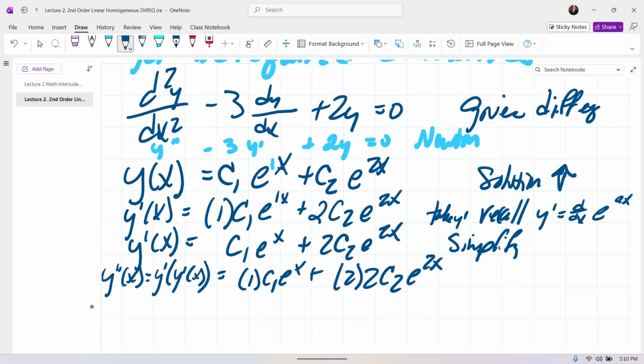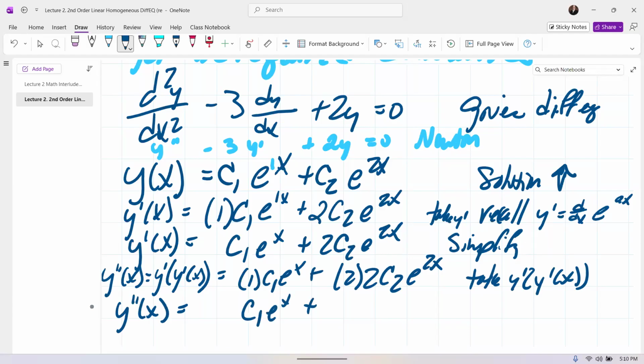So this 2 in parentheses is the one from taking the derivative. Okay. And now we can clean this up. So y double prime of x equals c1e to the x plus 2 times 2 is 4, c2e to the 2x. And that's simplified.